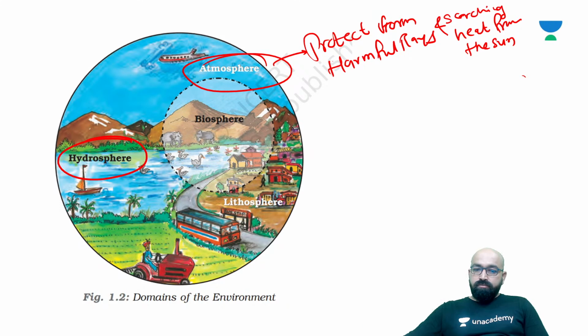Now, plant and animal kingdom together make the biosphere or the living world. It is a narrow zone of the earth where land, water, and air interact with each other to support life.